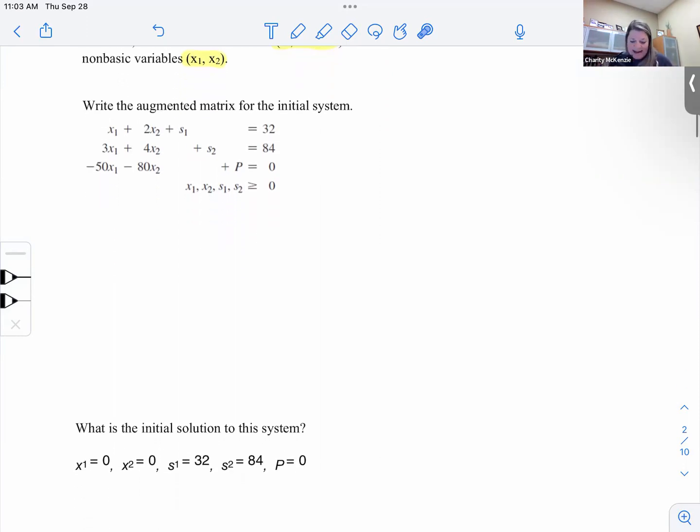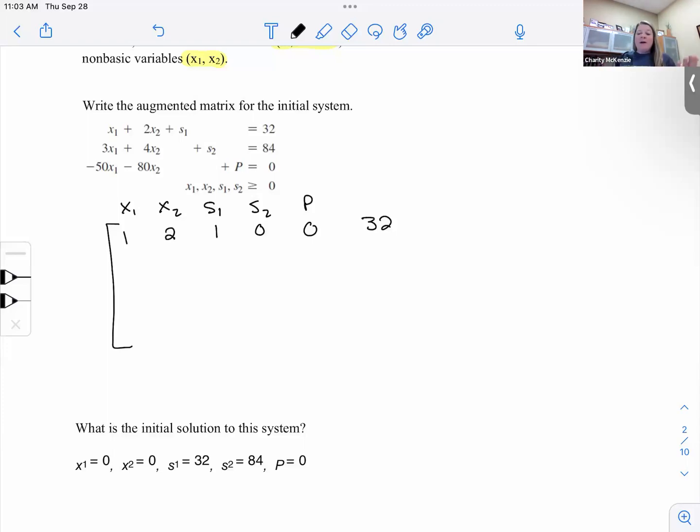So let's go ahead and write the augmented matrix for this. The matrix is going to go 1, and this is our x1 column. x1 is the first column, x2 is the second column, which has a 2 in our first row. S1 has a 1. Then we have S2 and P, which we would write as zeros because they don't have values. We always label the top because you could order them P, S1, S2 and it could mix up a little.